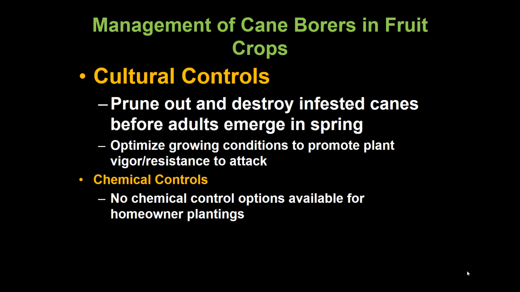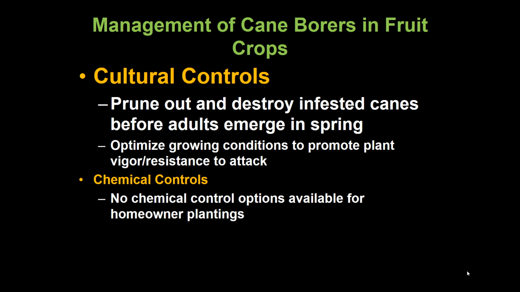Others, you may not do the cleanup and removal of the larvae until the end of the year, and maybe take out the whole cane, and certainly the part of the cane that has the active stages of these insects we're talking about here.